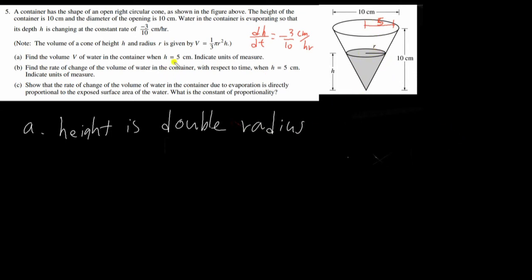So in our case, when the height is 5 centimeters, that's double the radius, so the radius is half of that, 5/2.